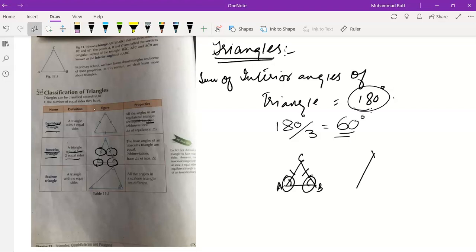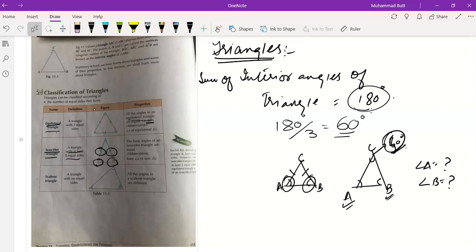So let's suppose that this angle is given to us, and they are telling us that this is 60 degrees. Angle C is, instead of 60, we can assume 50 degrees. Angle C is 50 degrees, and we have to find out angle A and angle B. How can we find out angle A and angle B? First, we know that the sum of the interior angles of the triangle is 180 degrees.